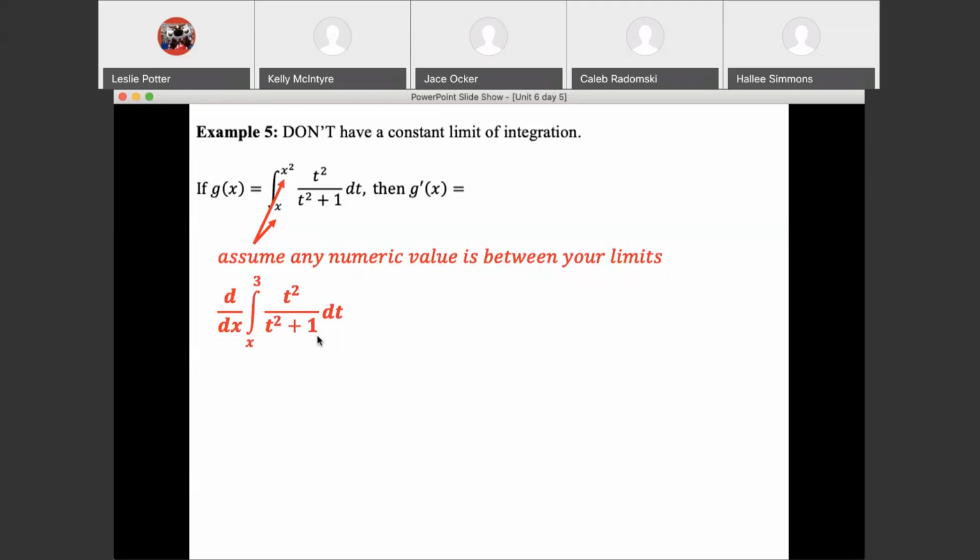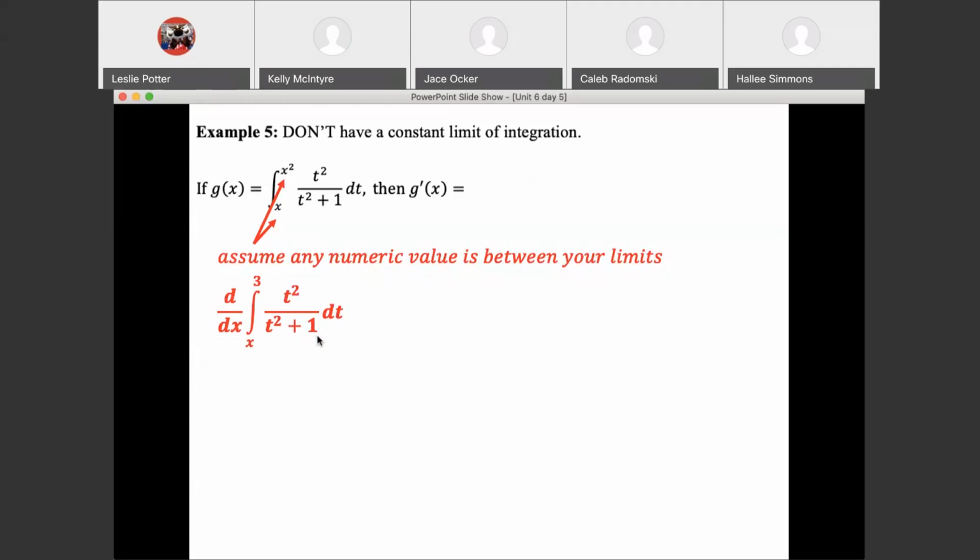You could even pick 0. It doesn't matter because we're going to end up differentiating anyway, and that's going to go away. You could pick pi. It wouldn't change the result, because that constant is only represented in the notation. Because we're going to accumulate and differentiate, any constant we get, any number we get, is going to go away in the differentiation part.